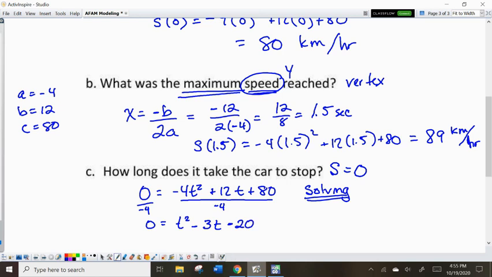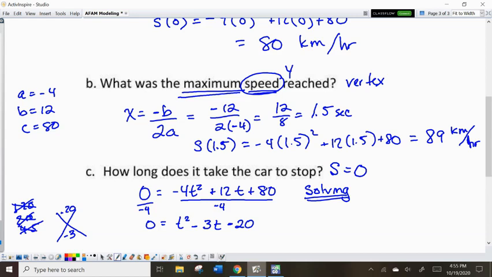And if I think, can I factor that? I would be looking for factors of -20 that add to -3. I've got 1 and 20. There's no way that works. 2 and 10, 4 and 5. And I'm out of factors of 20.